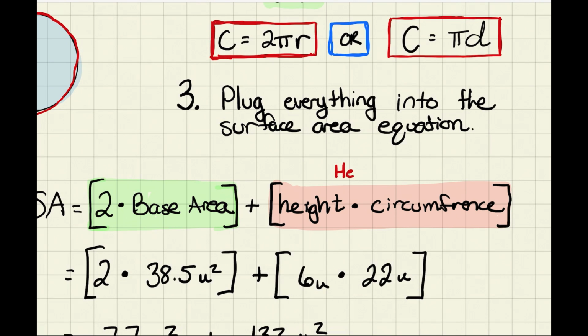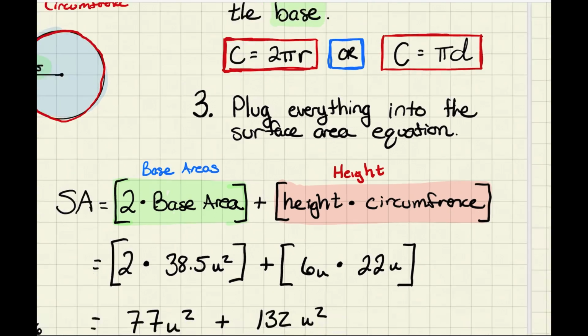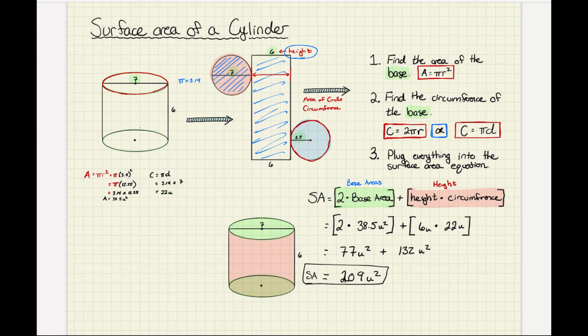So this part over here deals with height, okay? We call that the vertical surface area. And this part over here deals with the base areas. We call that the horizontal surface area. So we have height and the base areas that we have to worry about. So this is how you find the surface area of a cylinder.